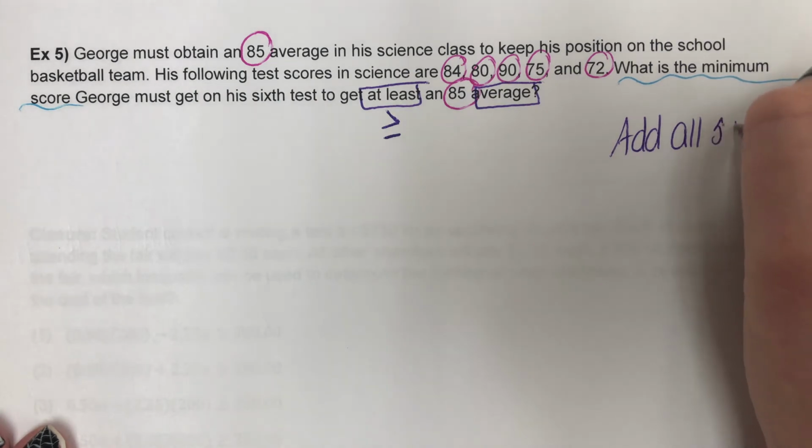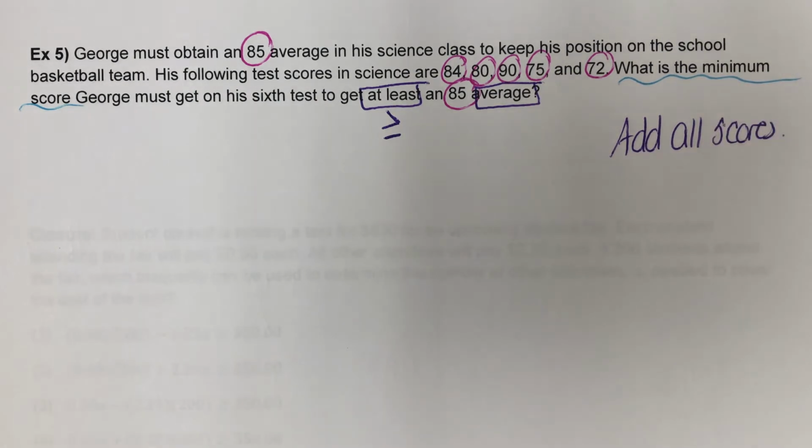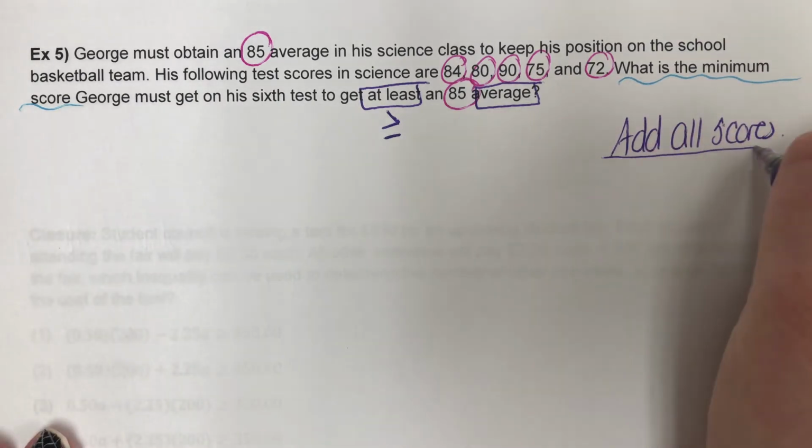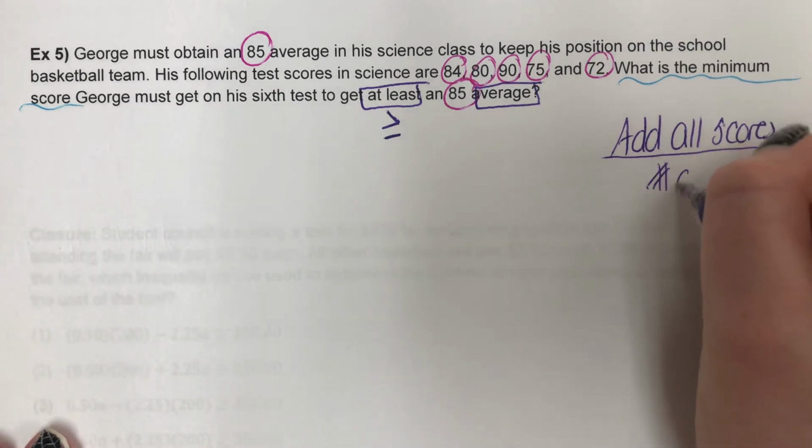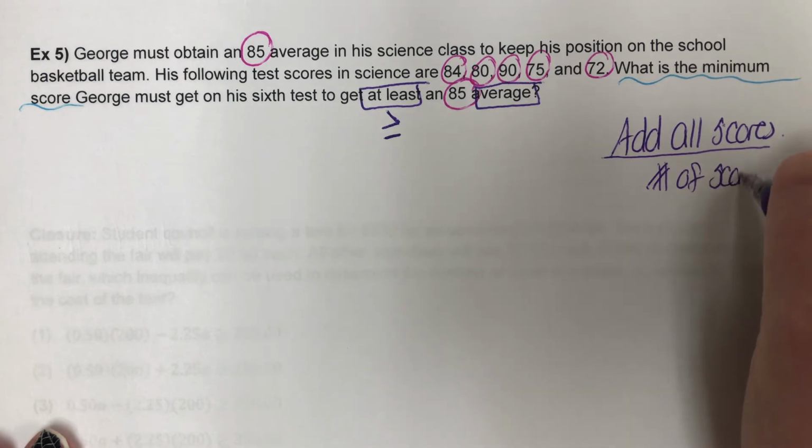So if I got a 90 on a test, a 65 on a test, 100 on a homework, an 80 on a homework, I'm going to take everything I scored in quarter 1, add them together, and then divide by the number of scores.